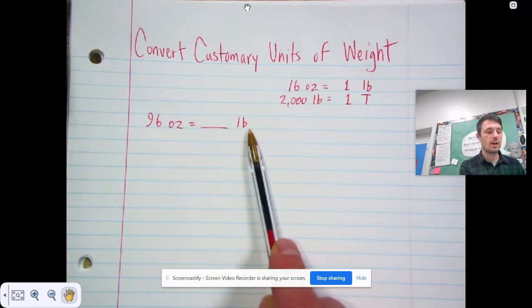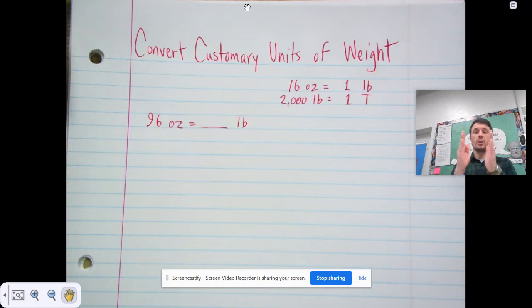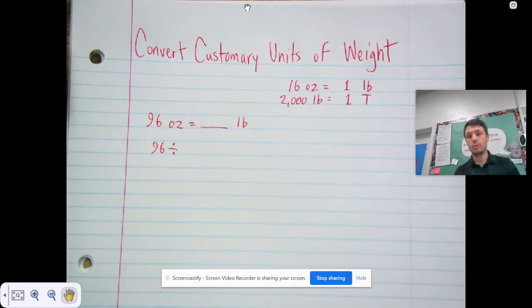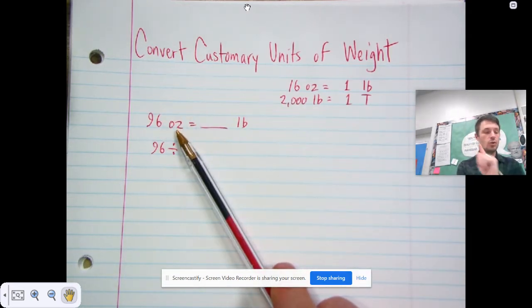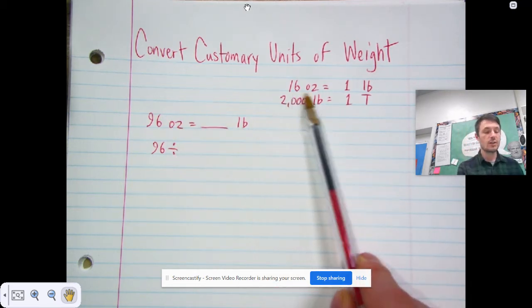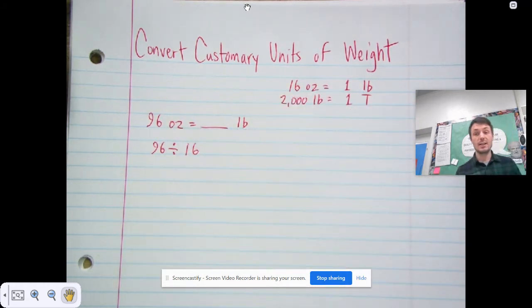Ounces are smaller than pounds, so we're going from a smaller unit to a larger unit. Smaller to larger, divide. So it's going to be 96 divided by something. What do we divide 96 by? By the amount of the smaller unit that can fit into one of the larger unit. Since there's 16 ounces in 1 pound, we're going to divide 96 by 16.